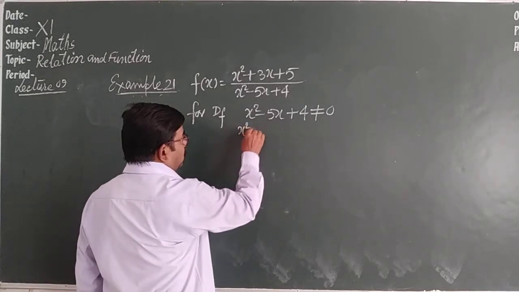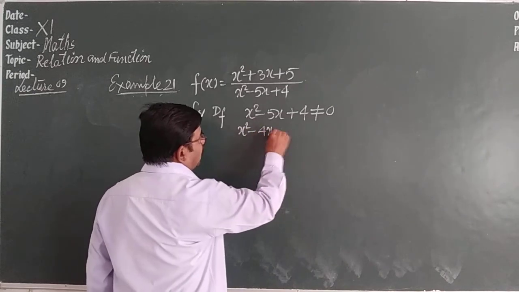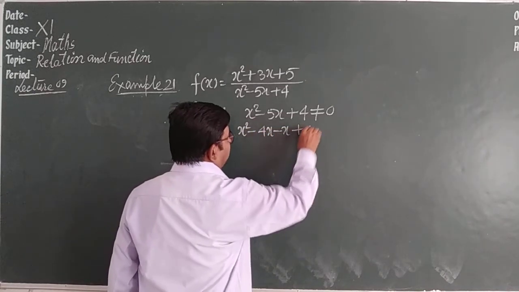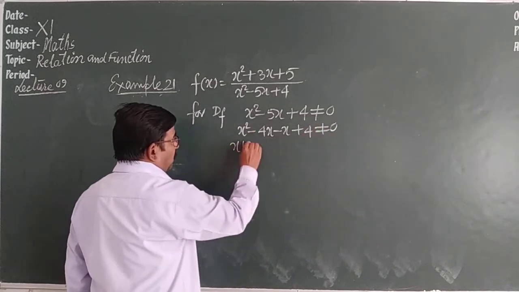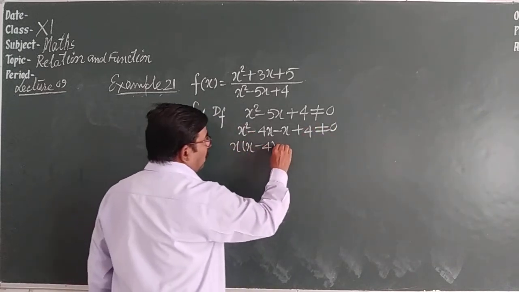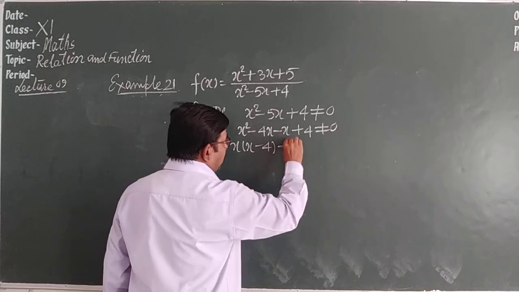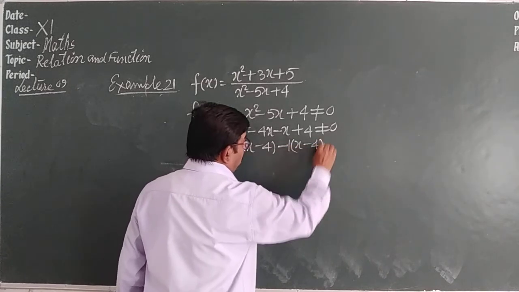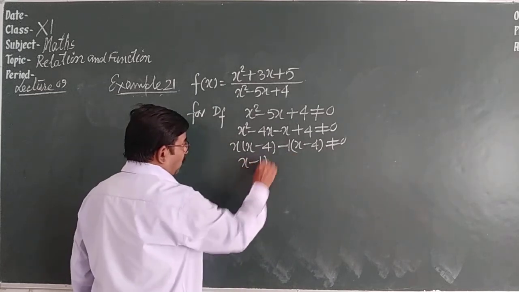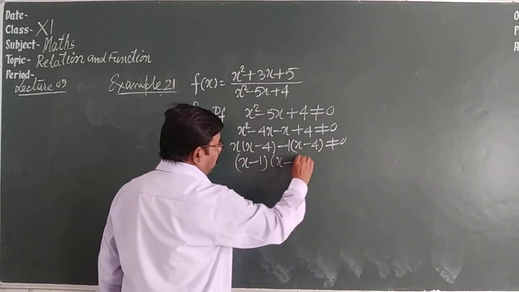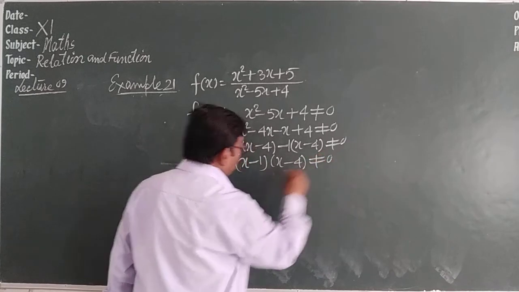So x square minus 4x minus x plus 4 is not equal to 0. x is common, we have x minus 4, minus 1 is common, we have x minus 4 is not equal to 0. We have (x minus 1)(x minus 4) is not equal to 0.